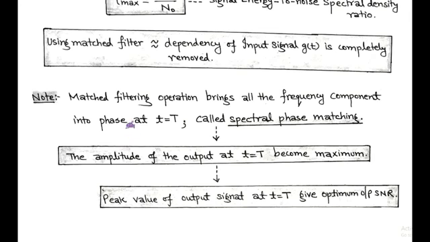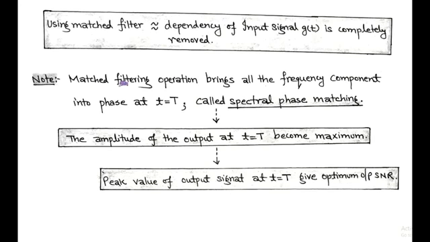Here we note a point. The operation of the matched filter is called spectral phase matching because in the operation, the matched filter brings all the frequency components into the same phase at t equals capital T. So the matched filter operation is called spectral phase matching.